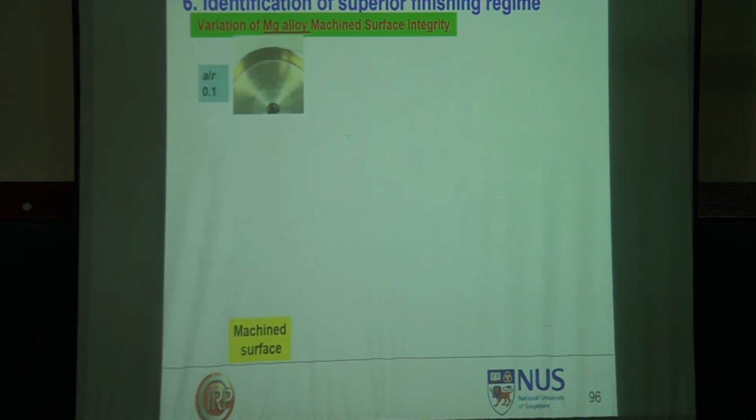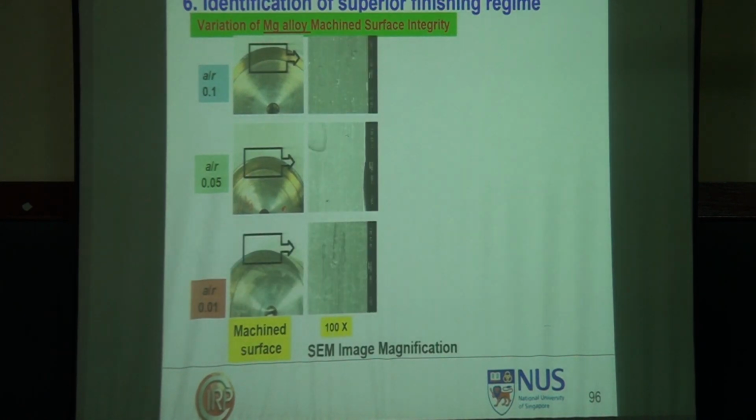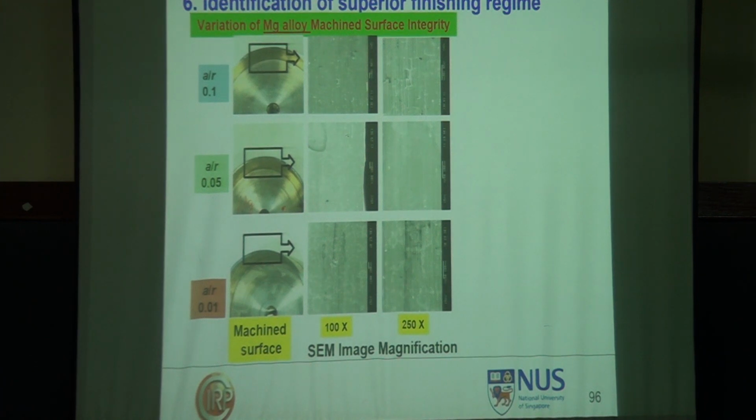If we go further, for magnesium alloy, we did an experiment with A by R 0.1, A by R 0.05, A by R 0.01, and machined surfaces at magnification 100 and 250.